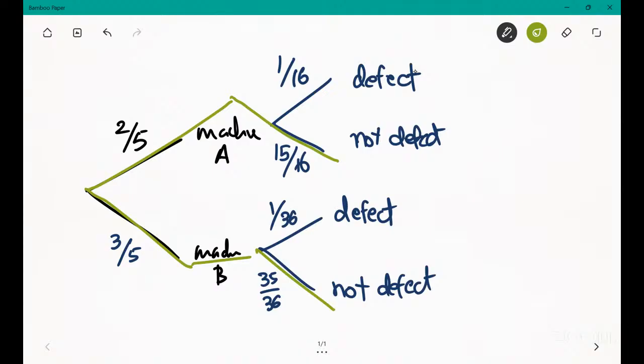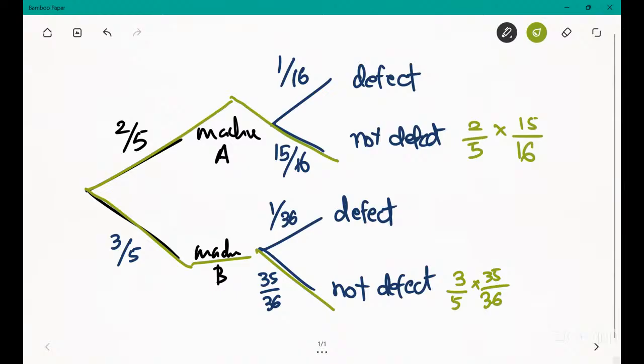So here it's going to be from machine A, it's going to be 2 over 5 into the fraction of not defective, so that's 15 over 16. And here also 3 over 5 into the fraction of the not defective, 35 over 36.